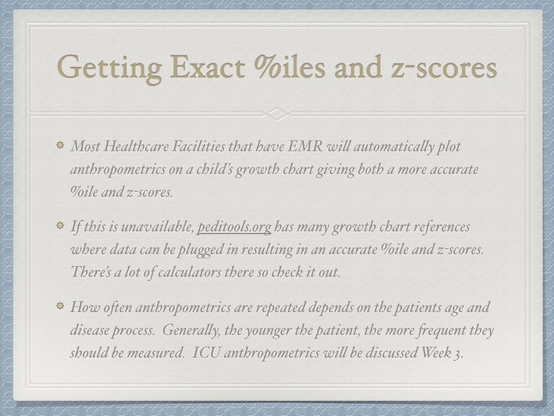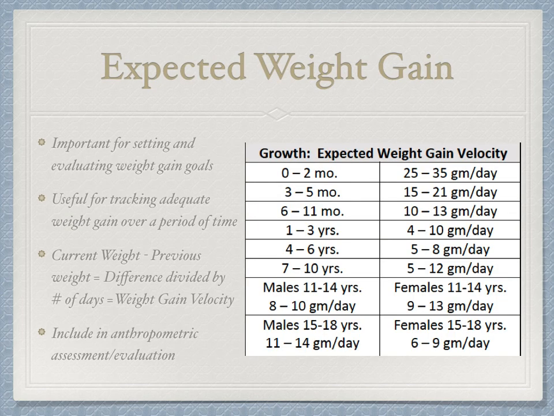Next, we're going to move on to expected weight gain. Expected weight gain is important for setting and evaluating weight gain goals. It's also useful for tracking adequate weight gain over a period of time. To calculate it, you take the current weight minus the previous weight, which equals a difference, and divide that by the number of days, which equals weight gain velocity.